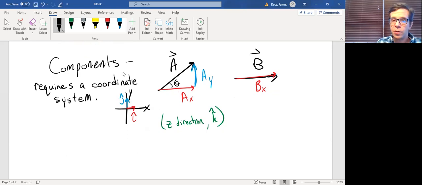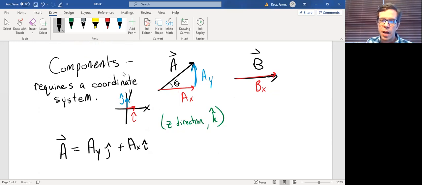So if I want to write the vector A now, I will write it as the number AY times j plus the number AX times i hat. And the hat here on a vector means that it is a unit vector.